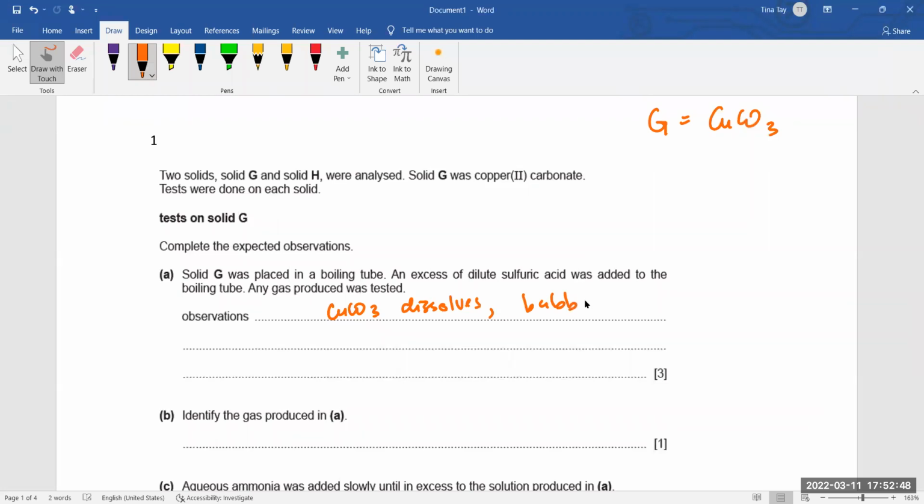Bubbling. And then, what's the color of the solution? It becomes copper sulfate, right? Blue solution forms. Okay, and then gas turns lime water cloudy.